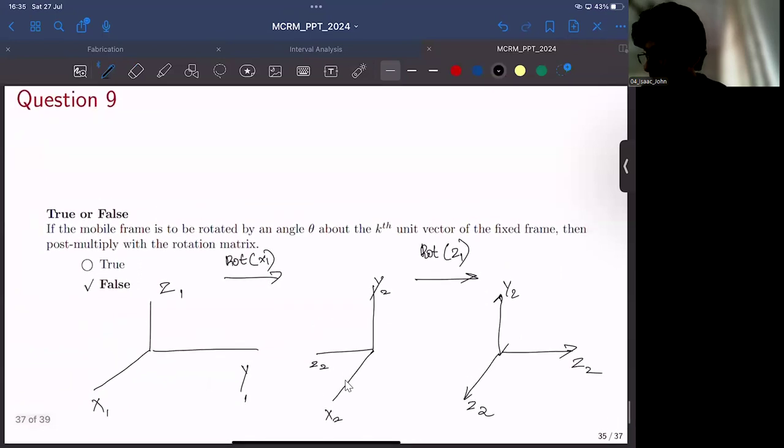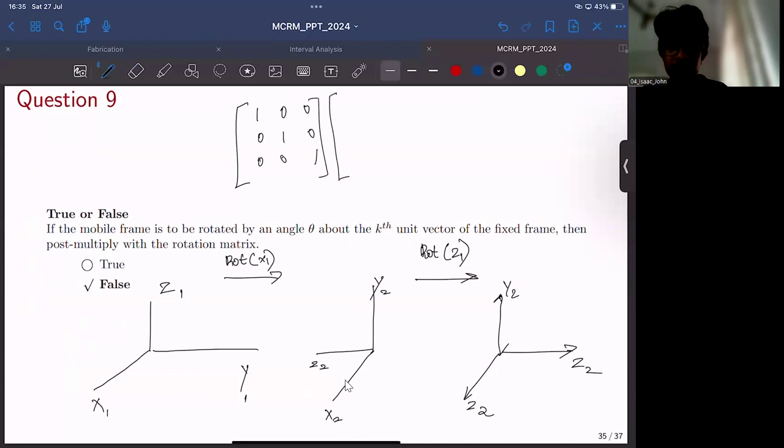If you multiply this out, earlier we had the rotation matrix 1, 0, 0, 0, 1, 0, 0, 0, 1. Now the first transformation is rotation with respect to the pure x-axis. The x-axis rotation matrix would be 1, 0, 0, 0, cos 90, minus sine 90, 0, sine 90, cos 90.